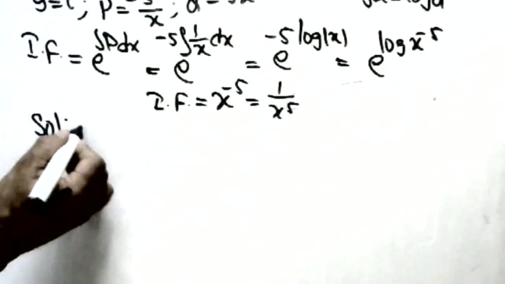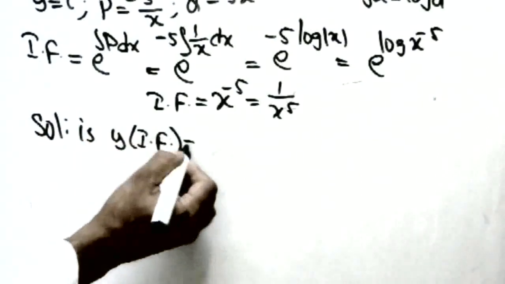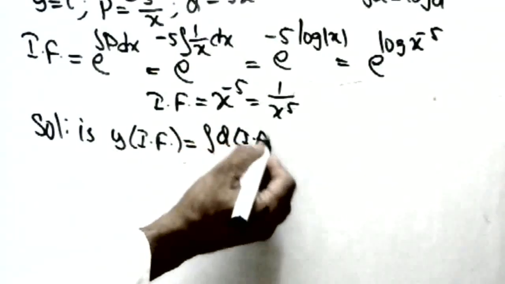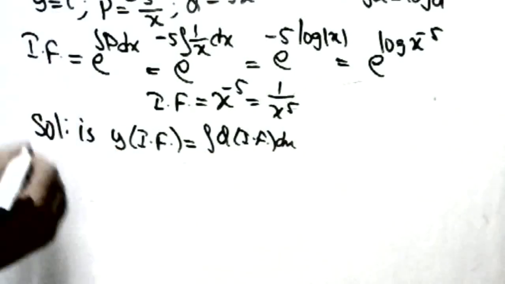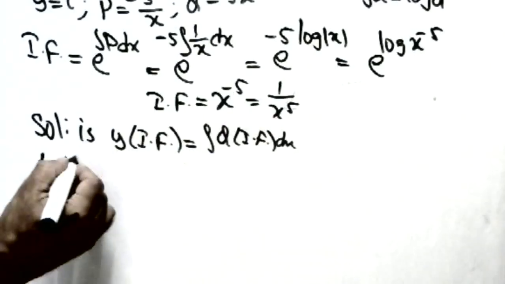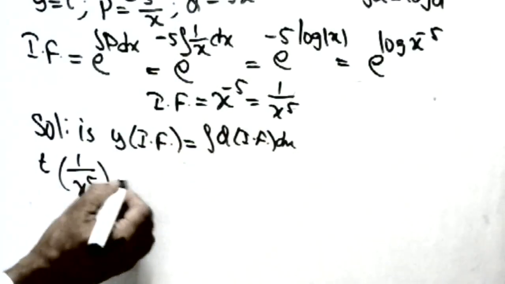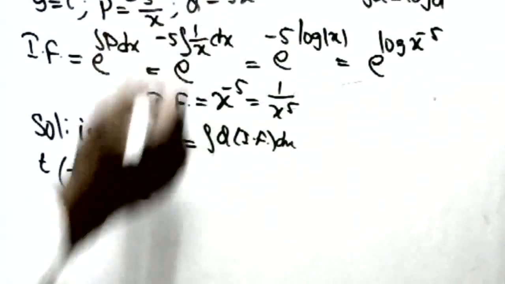The next procedure is the solution. The formula of solution is y into integral factor equals integration of q into integral factor dx. But in place of y we are having t, so write t into integral factor, we got 1 by x power 5, equals integration of q.